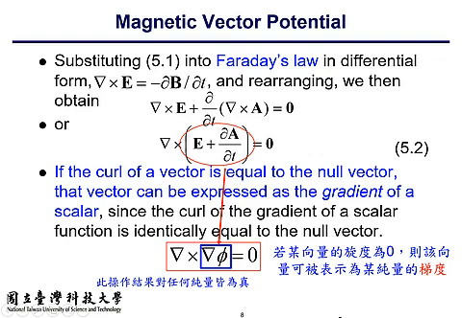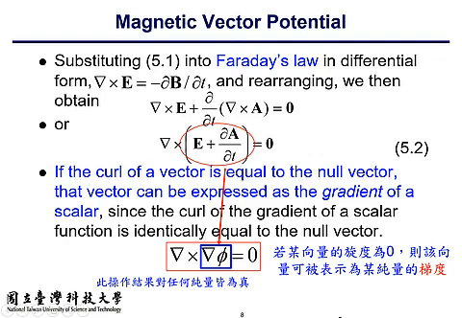Okay. So we can have equation 5.2, that is the curl of something. Is this a vector or a scalar? Well, it's a vector. Otherwise, you cannot perform the curl operation. The curl of a vector equals 0. Then we can use this vector identity.